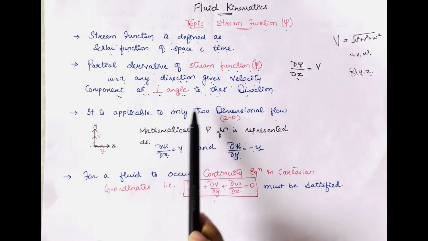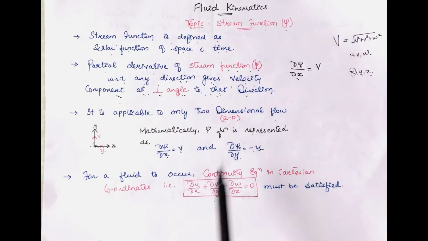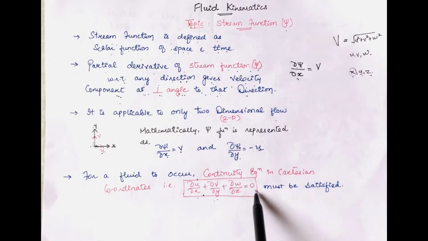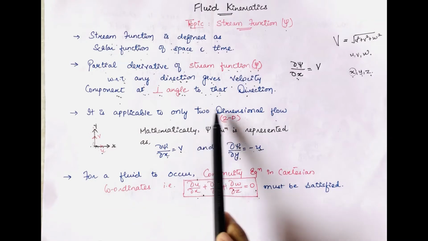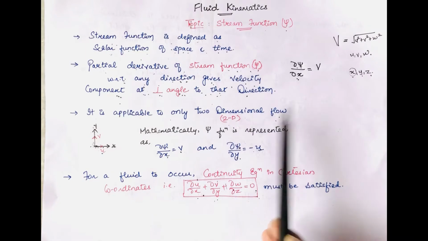But as it is applicable to only two-dimensional flow, what will be the continuity equation in this case? It will be only del u by del x plus del v by del y equals 0. The component del w by del z will not be applicable here because it is applicable to only two-dimensional flow.